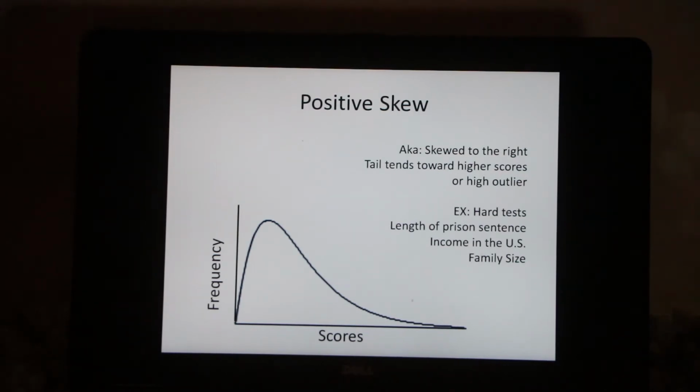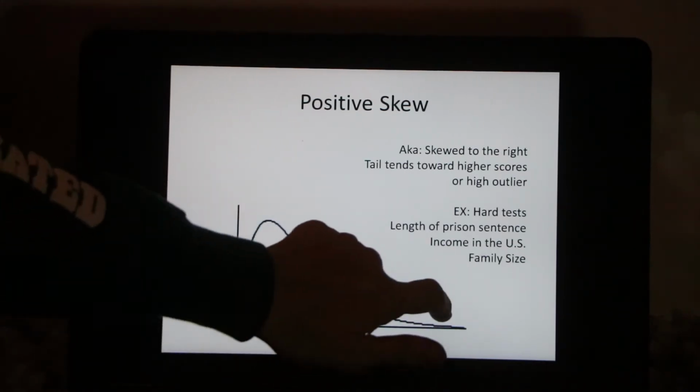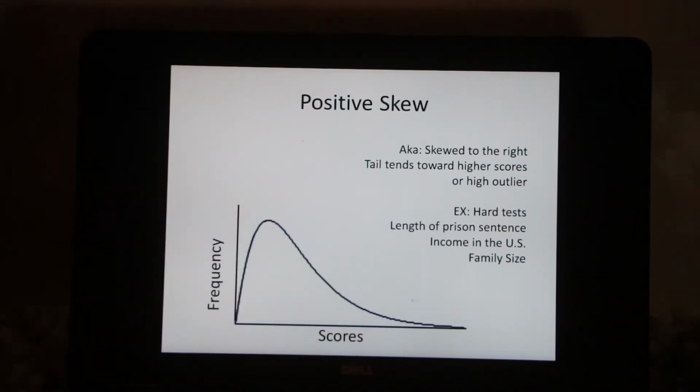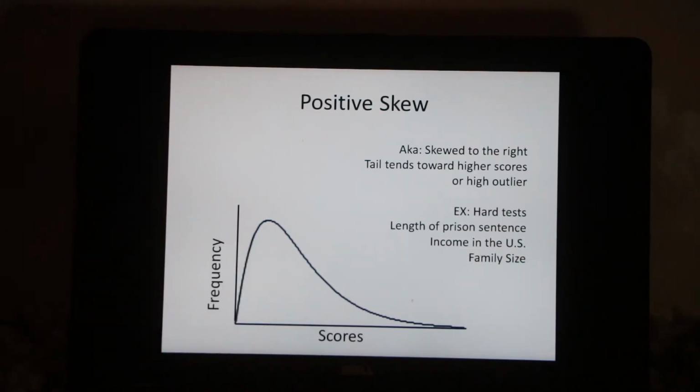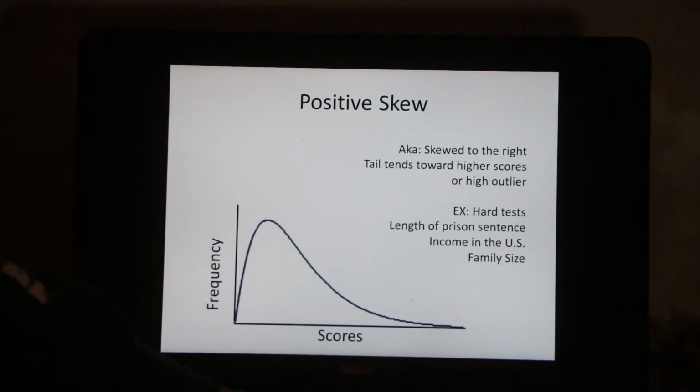If you were to report the average, those trillionaires up there are going to make it seem like the average income is a lot higher than it truly is in terms of the most typical income, which is why you always hear people report the median income in the United States, because it's a more true representation of the data.